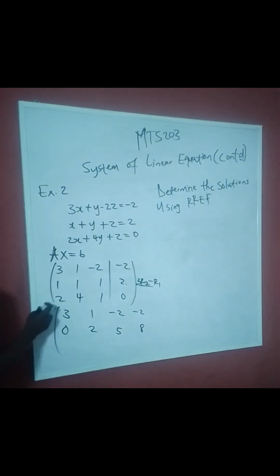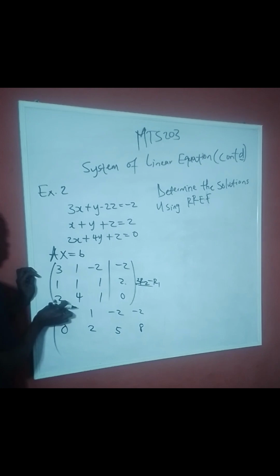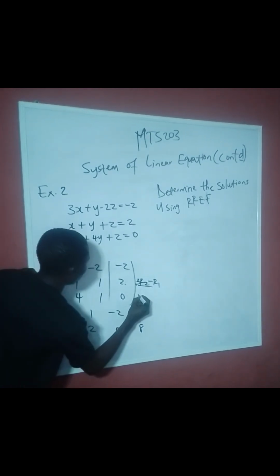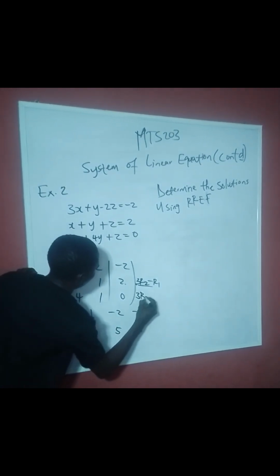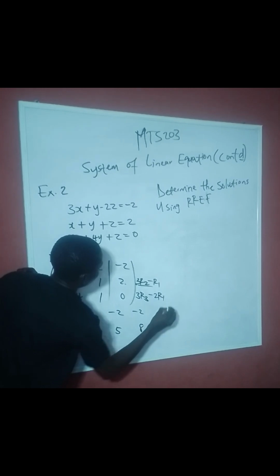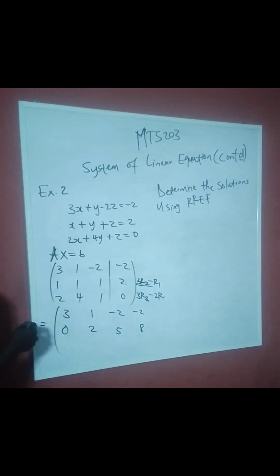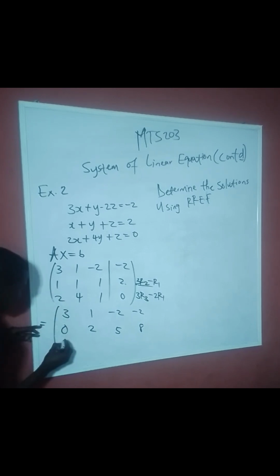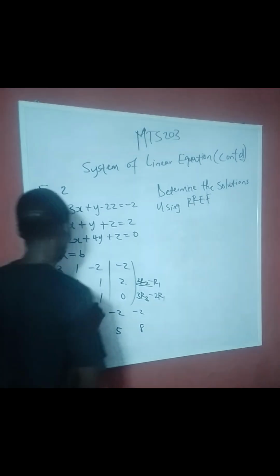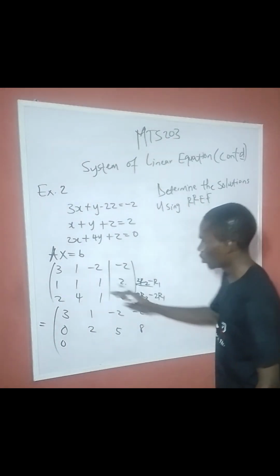Take note. Okay, for the third row, for me to reduce these two, I can just say 3 times row 3 minus 2 times row 1. Don't forget, just like I did before. So 3 times 2 is 6, 6 minus 2 times 3 is 6, 6 minus 6 is 0.